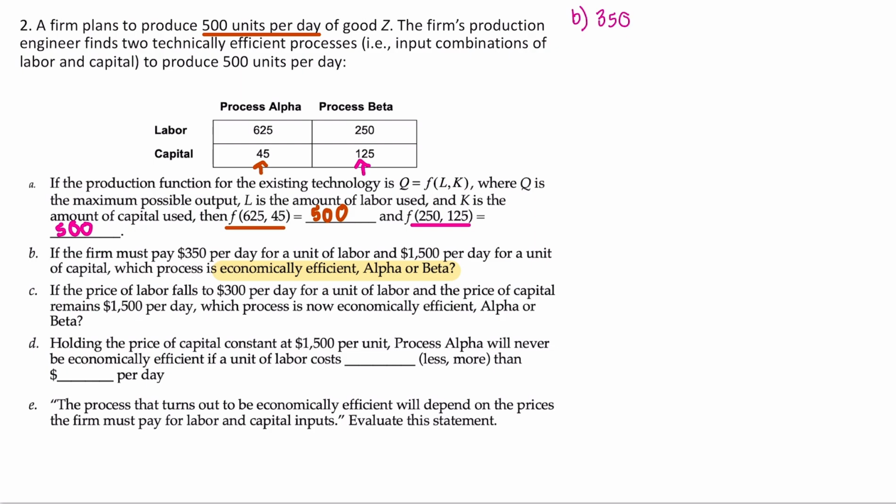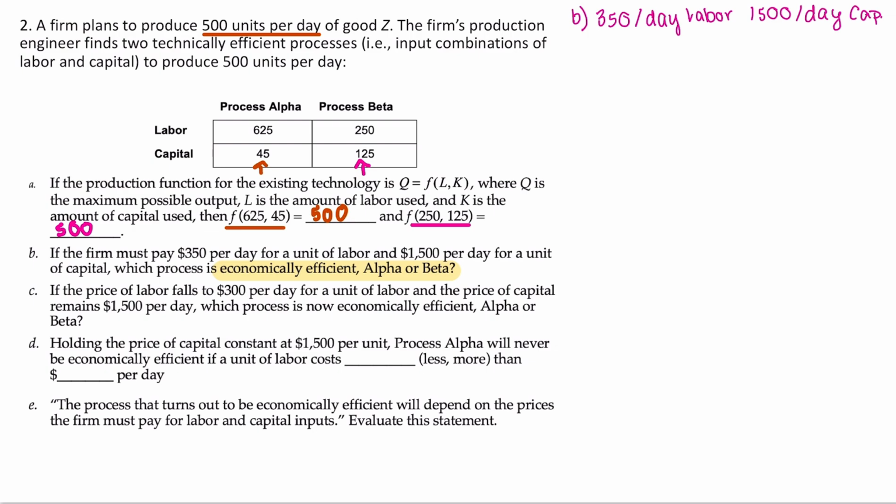So we have $350 a day for labor and $1,500 a day for capital.